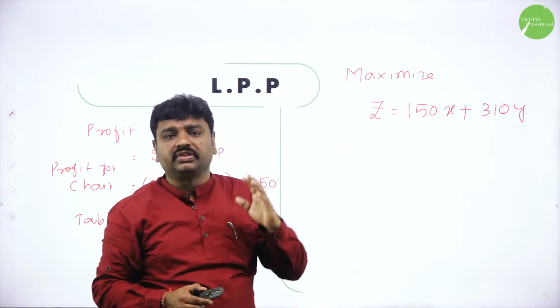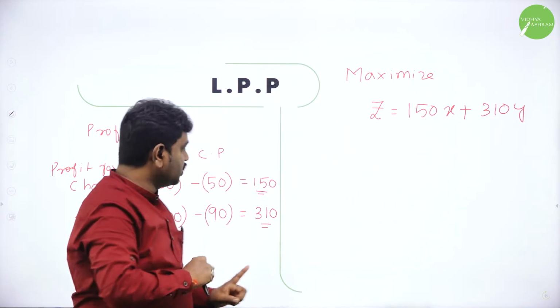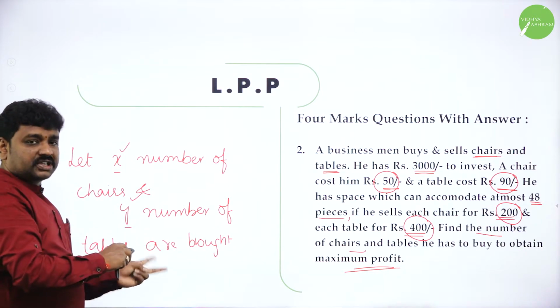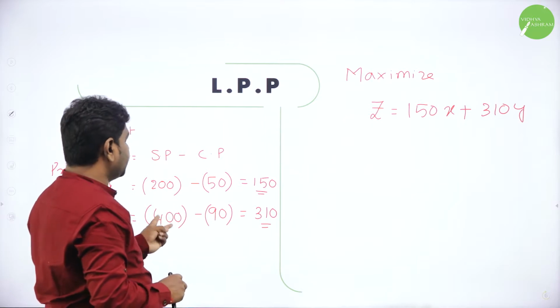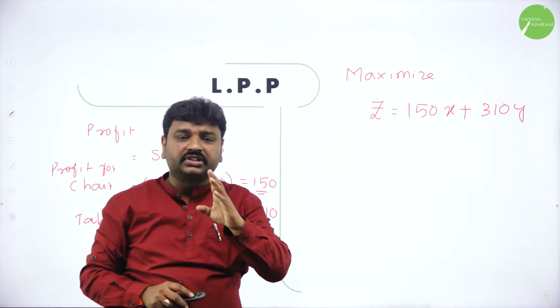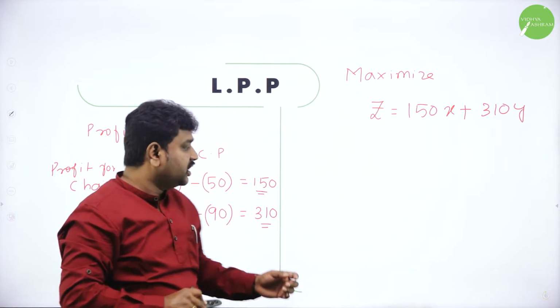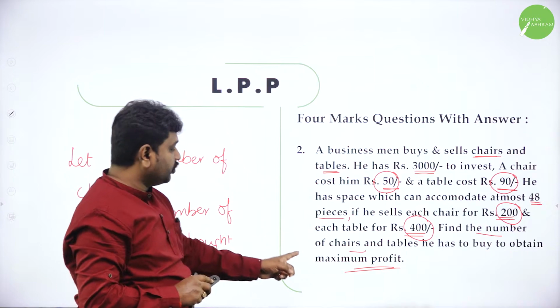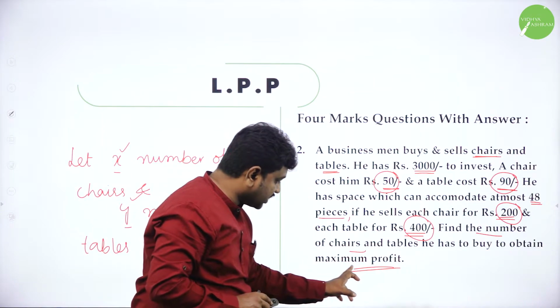I wrote the objective function. The first step is to assume the unknowns. We have assumed X number of chairs and Y number of tables are purchased. Second, I have to maximize the profit, so I write the objective function, a function which we need to maximize or minimize. Here they want you to maximize profit.